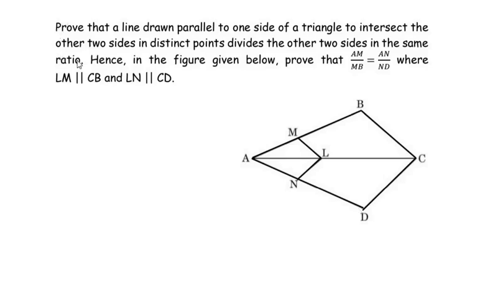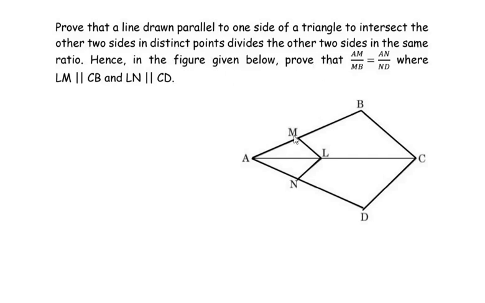Now here the first statement is the basic proportionality theorem. So you have to prove, by using the statement and figure, that if a line is drawn parallel to one side of a triangle, then this parallel line is going to divide the other two sides of the triangle in the same proportion. Now let us focus on the second part of this question.